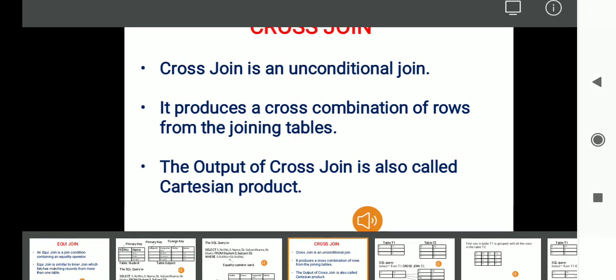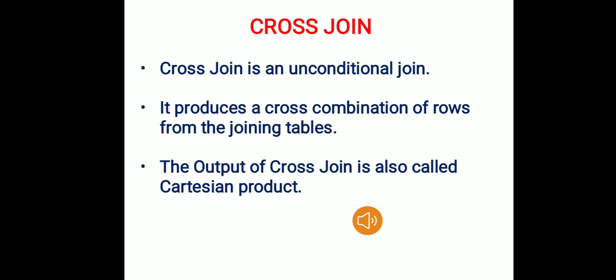So let's understand what a cross join is. Cross join is an unconditional join. It produces a cross combination of rows from the joining tables. The output of the cross join is also called Cartesian product.